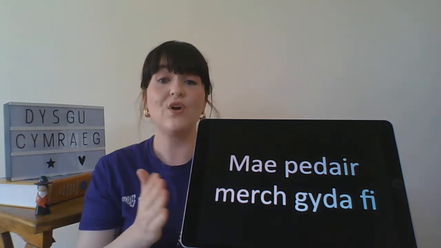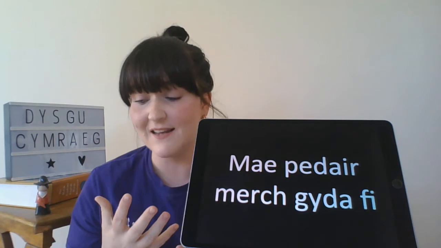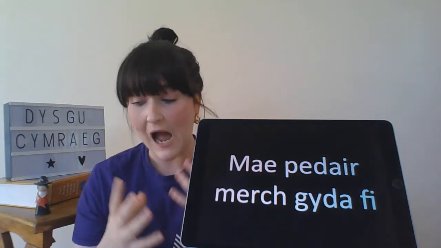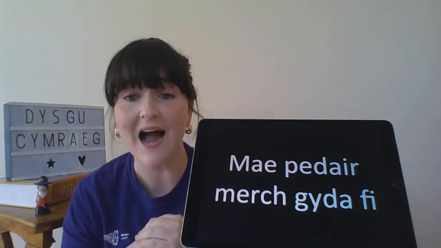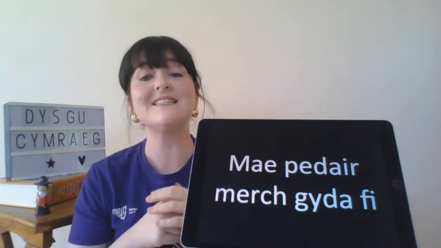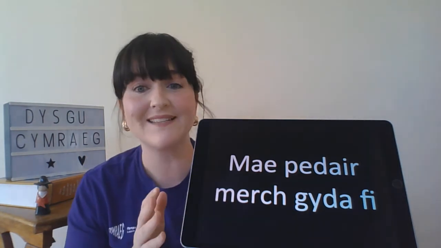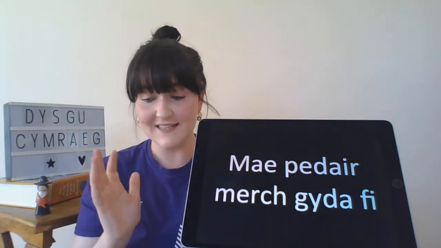Da iawn, da iawn. So this pattern that we've just drilled is another pattern in Welsh that we can use to say how many of something we have. But your tutor will explain this to you in greater detail in your lesson. Also, you might have picked up in this drill that we mutated.